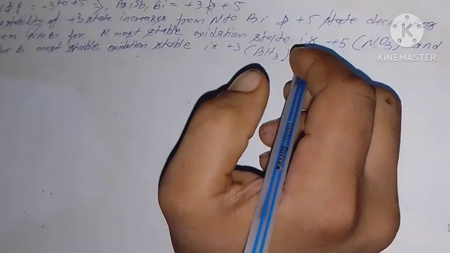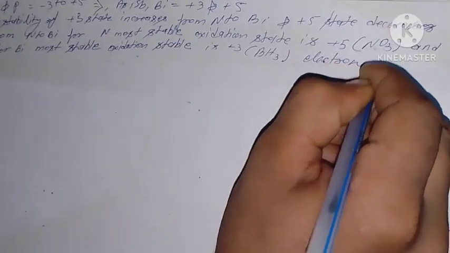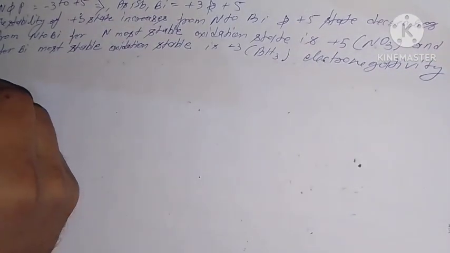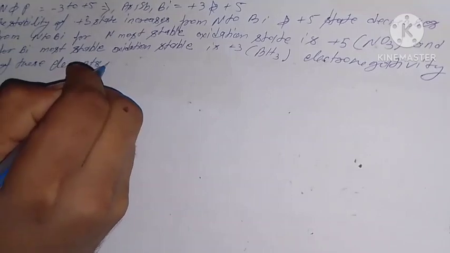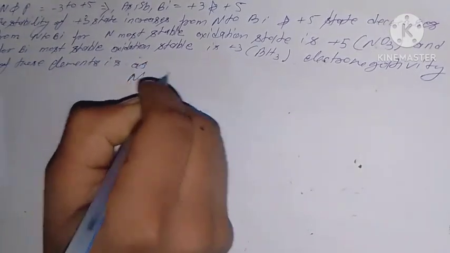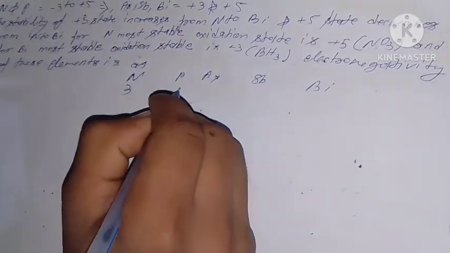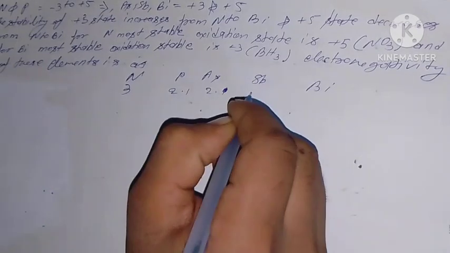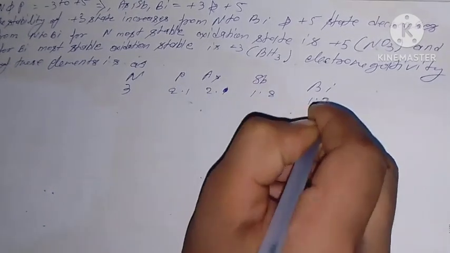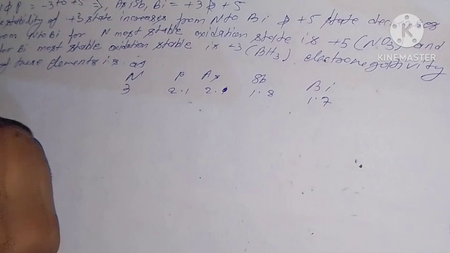The electronegativity of these elements is as follows: nitrogen 3, phosphorus 2.1, arsenic 2.0, antimony 1.8, and bismuth 1.7. The electronegativity of hydrogen is 2.1.